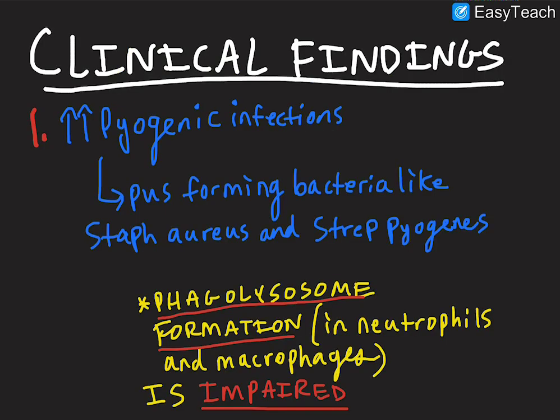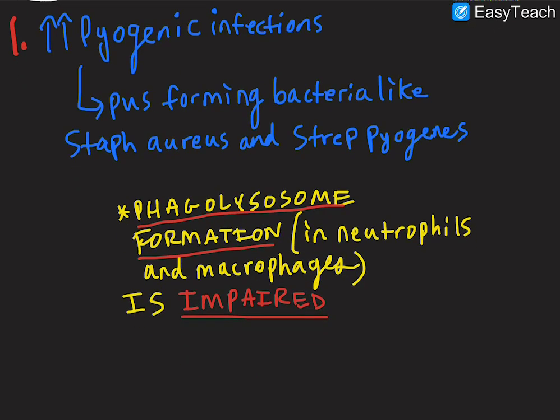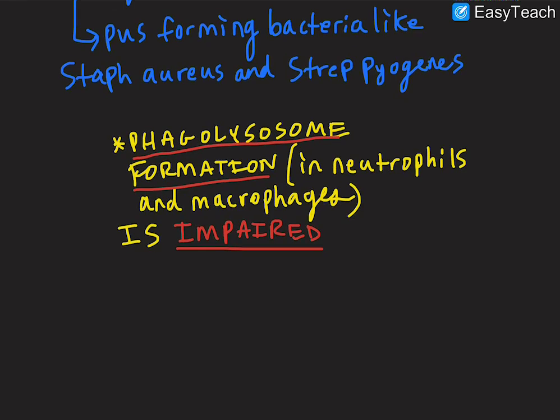So the first finding we should talk about is increased risk of pyogenic infections. And this should make sense because we already talked about this. Remember, we said when neutrophils or macrophages phagocytose the pathogen, let's say this is our macrophage or neutrophil, and it phagocytoses the pathogen and has it inside the phagosome.